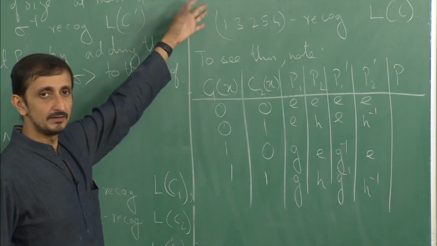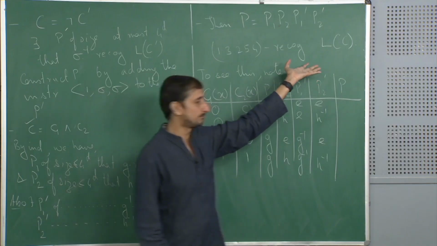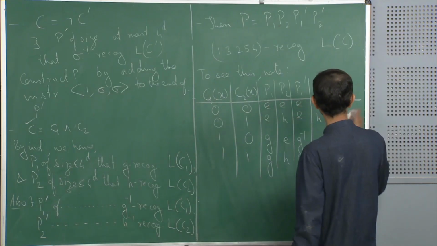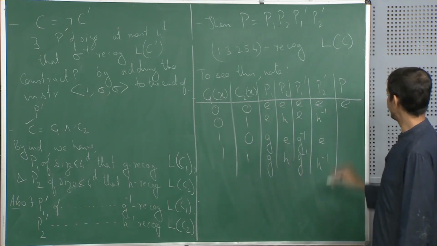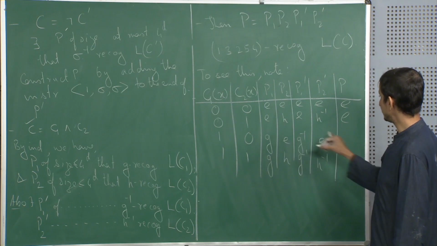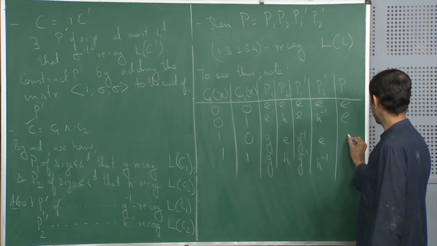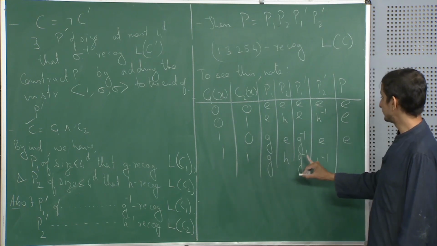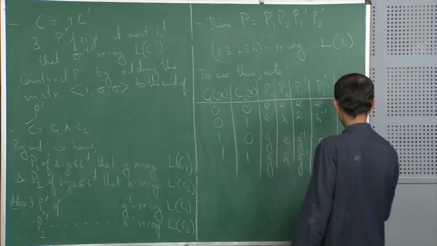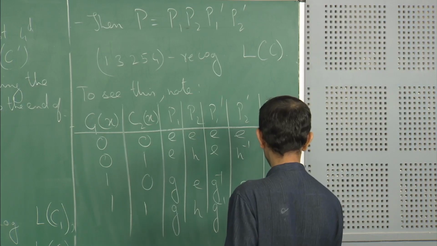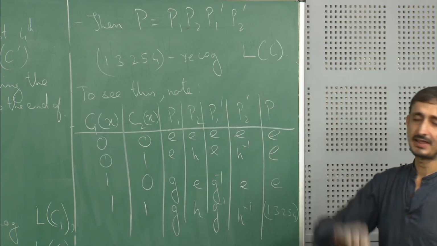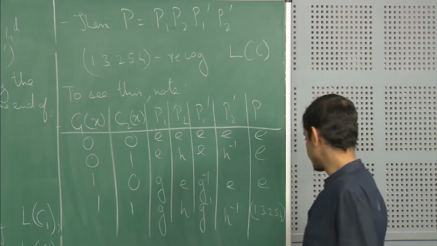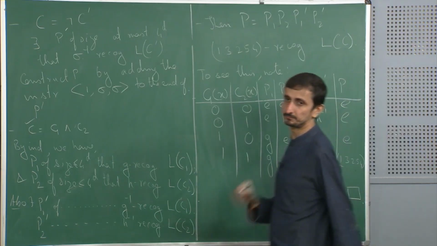Now, how do we define P? P is just the product of these permutations. The product of E's is E, the product of E, H inverse is again E, G inverse, E is again E, and G inverse, H inverse is my special permutation 1, 3, 2, 5, 4, and this is exactly what AND is supposed to do. So, this completes the proof.